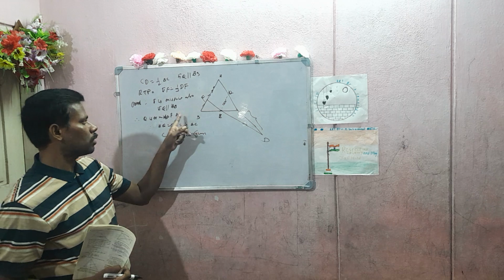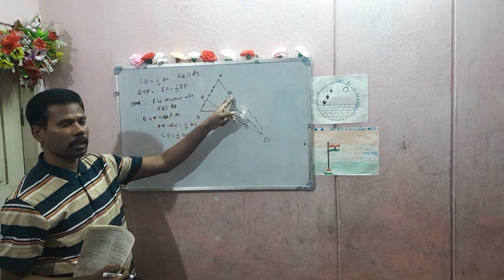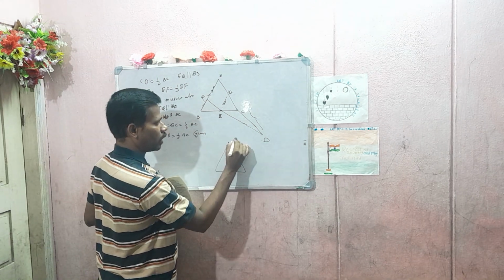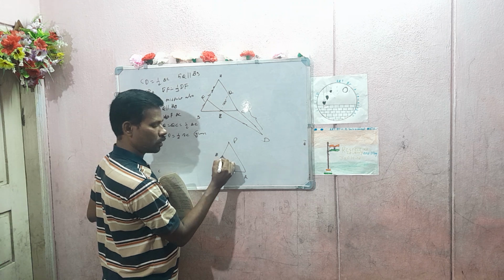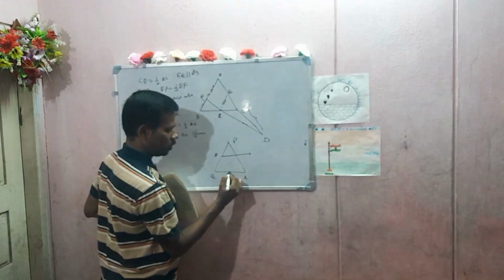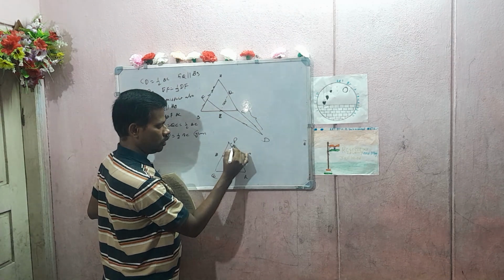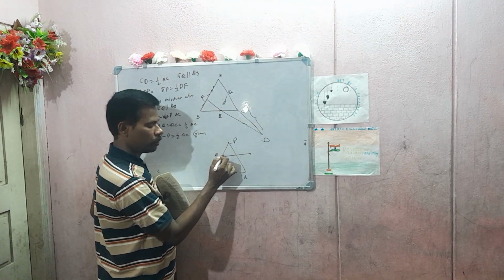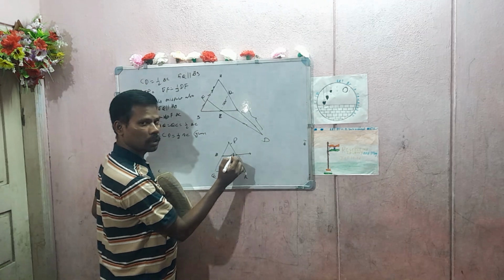Why Q becomes a midpoint is, in a triangle, this is the triangle PQR. If you take a midpoint of one side and draw a line parallel to another side, then it will bisect the third side. The line segment joining the midpoint of one side of a triangle parallel to the third side bisects the other side.